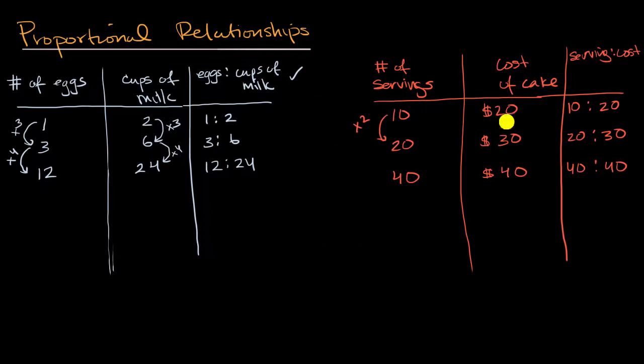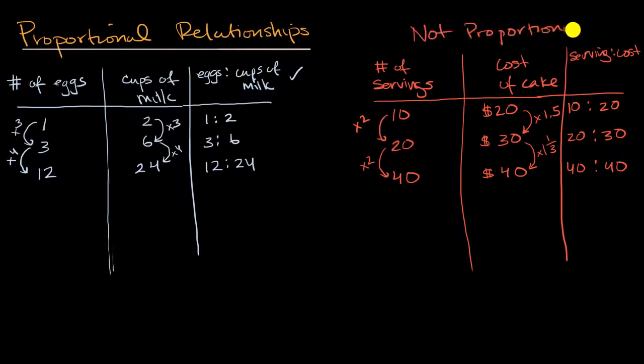But when we go from 20 to 30 on the cost, we aren't multiplying by 2. We're multiplying by 1.5. Similarly, when we go from 20 to 40 servings, we multiply by 2 again. But to go from 30 to 40 in cost, we're multiplying by 1 1/3. When we multiply our servings by a given amount, we're not multiplying our cost of cake by the same amount. This tells us that this is not proportional.